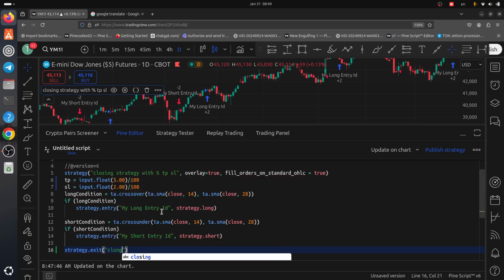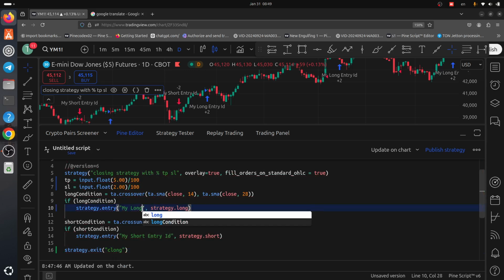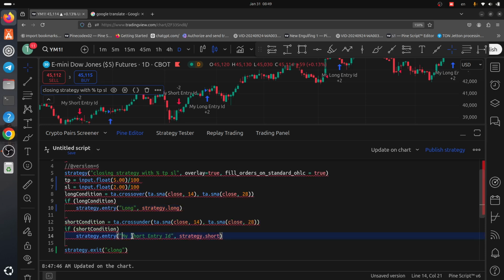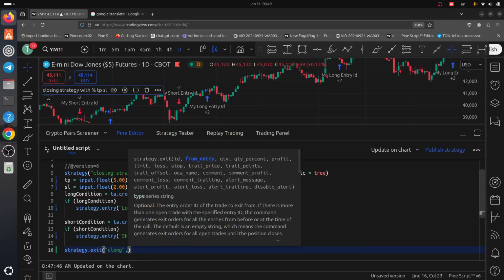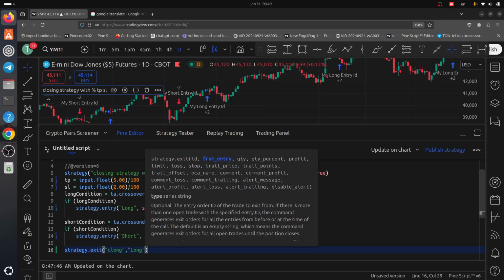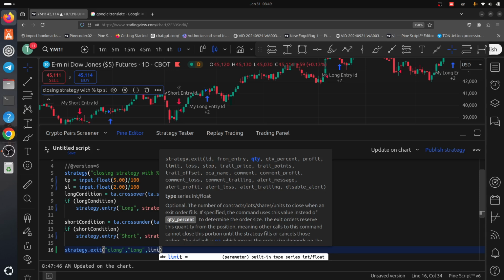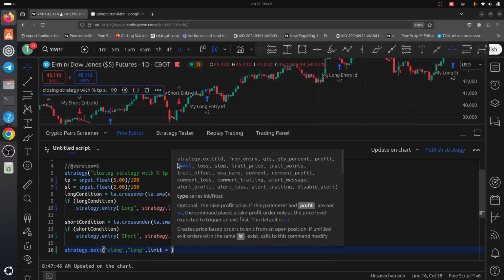Long here is the ID. Okay, from long, then we add limit. Okay, we add limit, not profit. Profit is calculated based on ticks, not price.